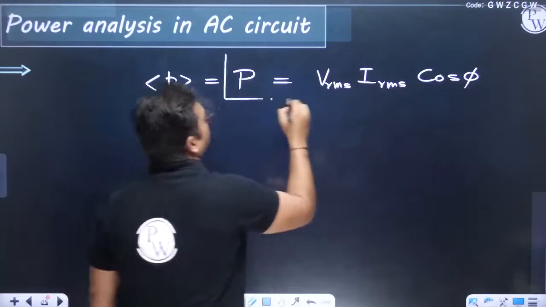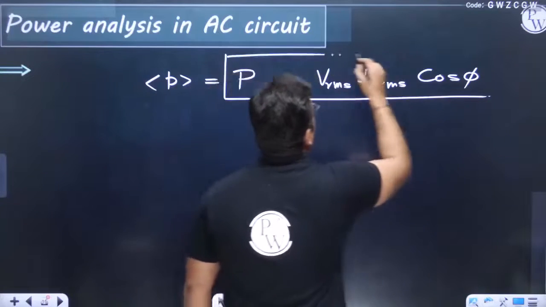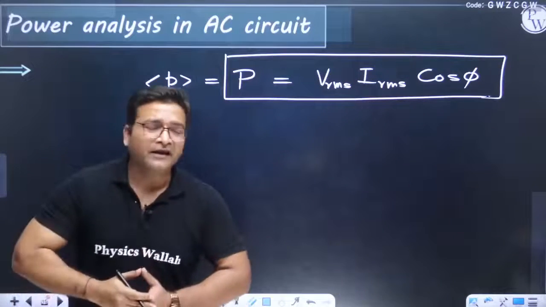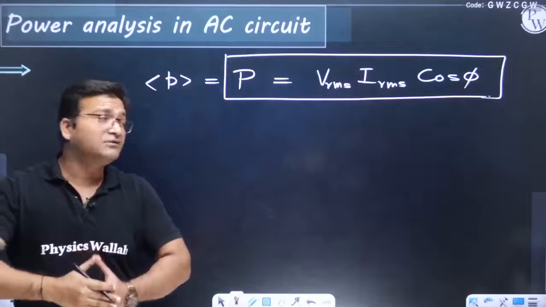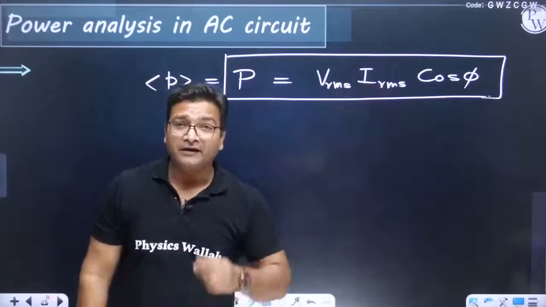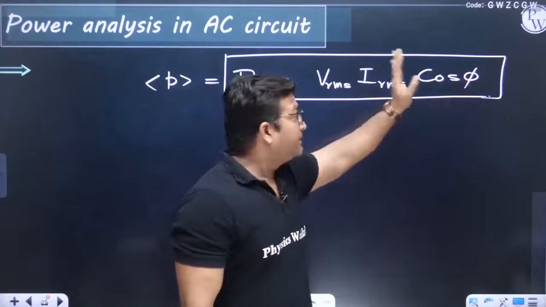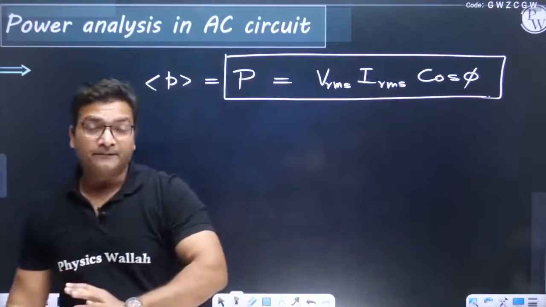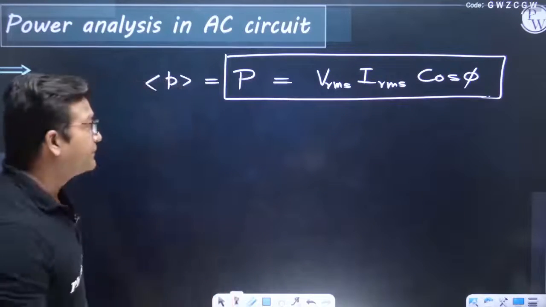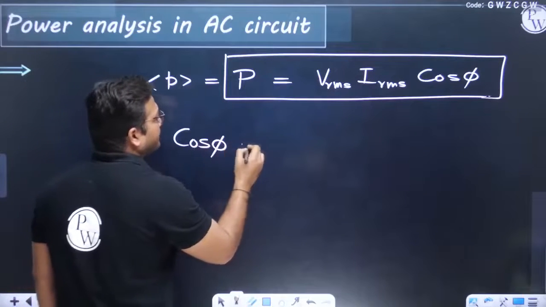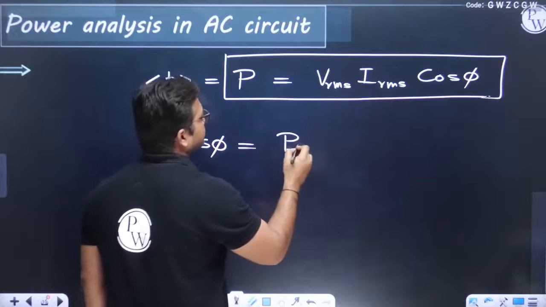This is the value of average power. You can also say that power is not just equal to effective voltage and effective current. It also has another factor, cos phi, and this factor is very important in power in AC circuits, and this factor cos phi is popularly known as power factor.